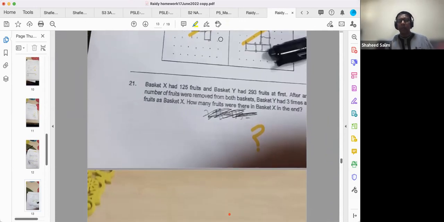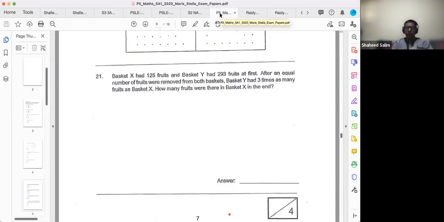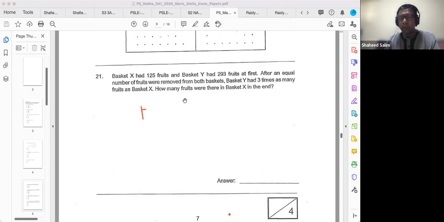Oh, nothing there. Okay, let's think through. You draw lah this one. Okay, I draw for you. First, you already got the number. I'm going to ask you what's the difference between the two. Can you find out what's the difference between the two?